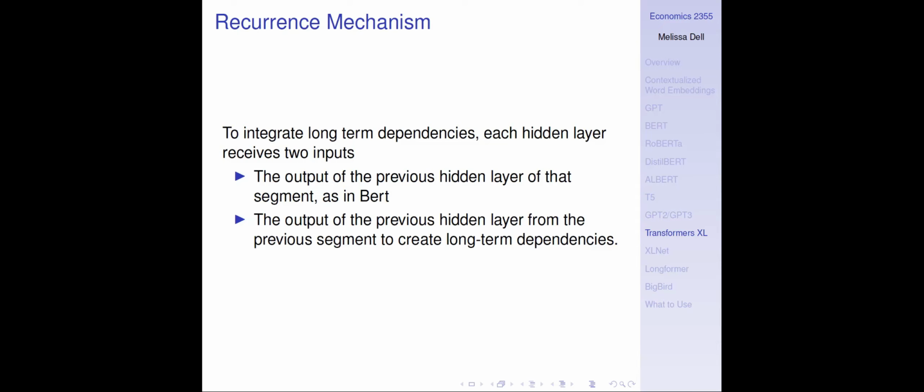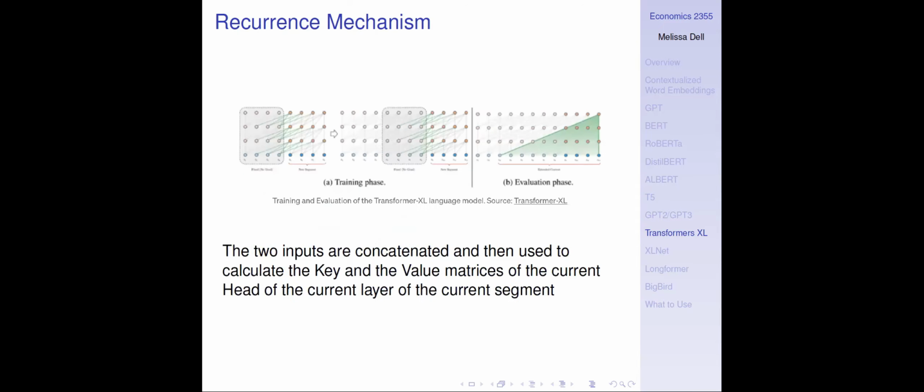That allows it to create these long-term dependencies potentially, where the gray arrows, if you can see those, are coming from directly below, but then it's also getting these green arrows, which allow it to attend to the previous hidden state from the previous batch of 512 tokens that was fed into the model.